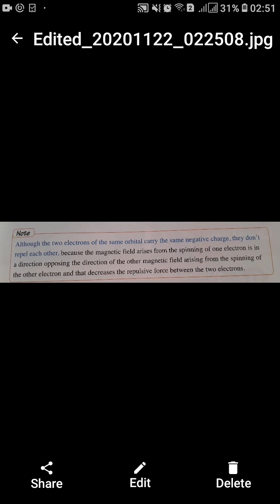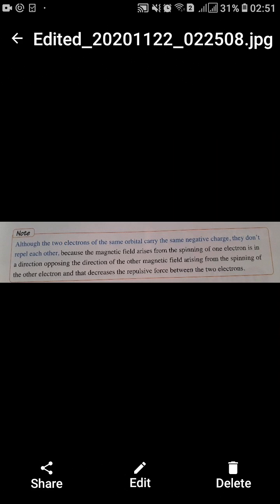Look, we said inside each orbital, the maximum capacity is just 2 electrons. So, we have inside the same orbital 2 negative electrons. What about the repulsion between them? Although the 2 electrons of the same orbital carry the same negative charge, they do not repel each other.